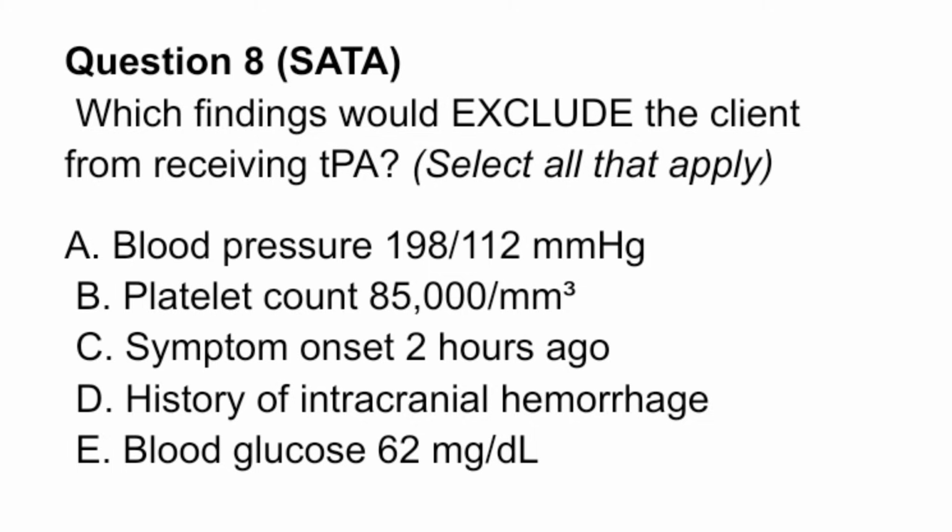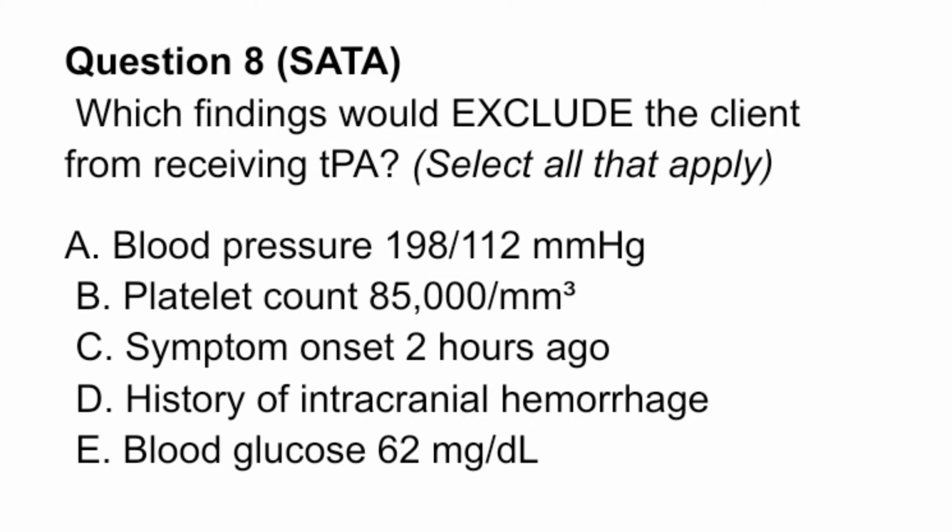Question 8. SATA. Which findings would exclude the client from receiving TPA? Select all that apply. A. Blood pressure 198/112 millimeters mercury. B. Platelet count 85,000 per cubic millimeter. C. Symptom onset 2 hours ago. D. History of intracranial hemorrhage.